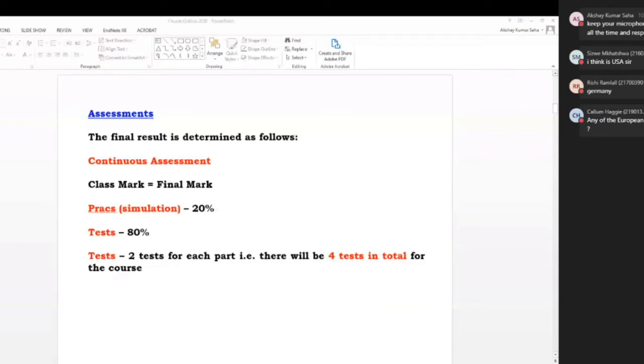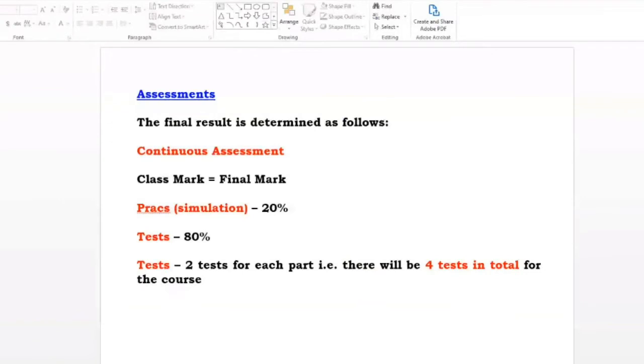Any of the European countries? How many countries are there in Europe? It's not a good answer. You must not answer like that. If you say that you don't know, that's better. South America, no, it's again similar to the European countries. China, no. Not Switzerland.